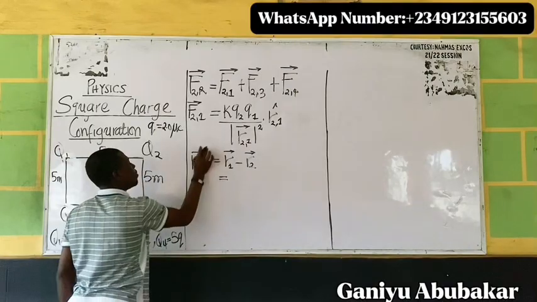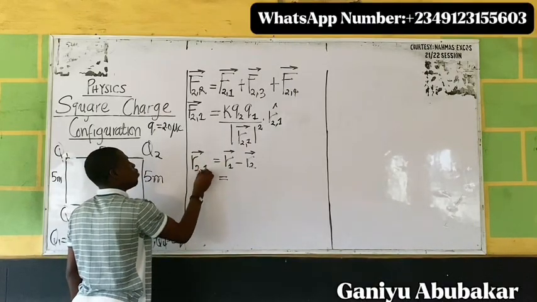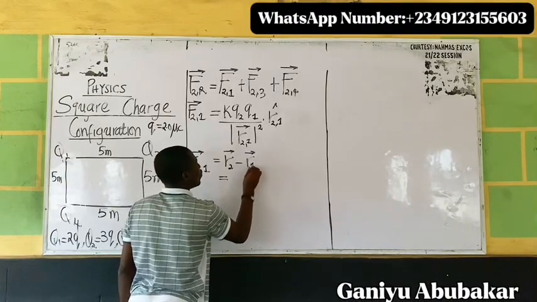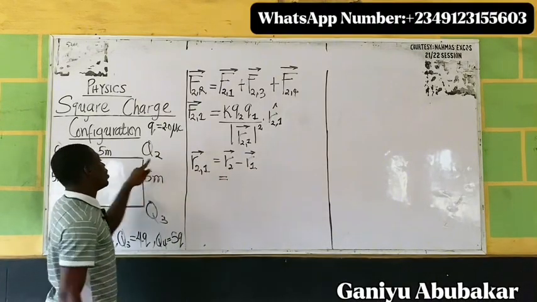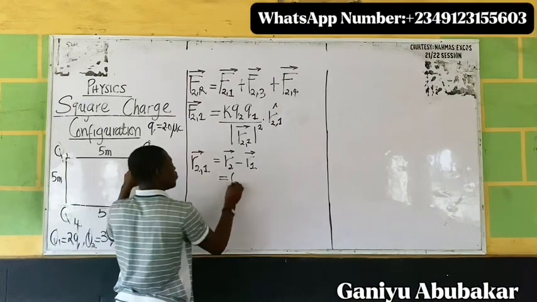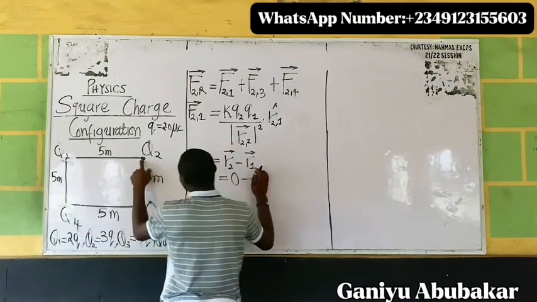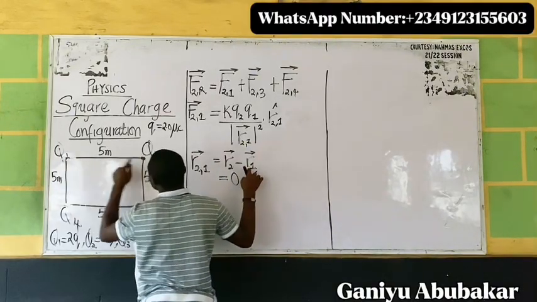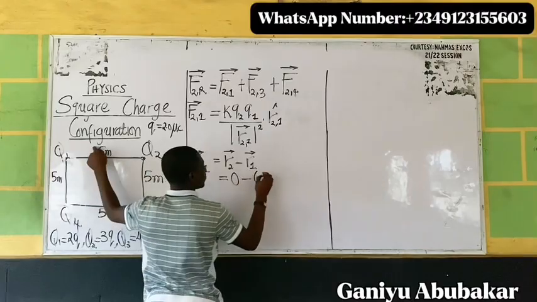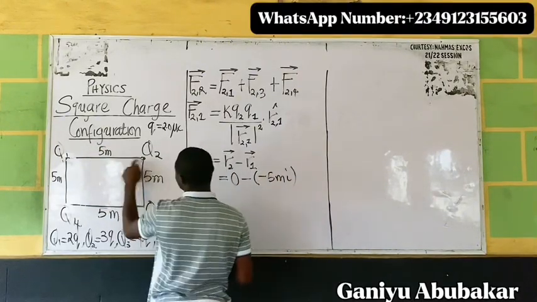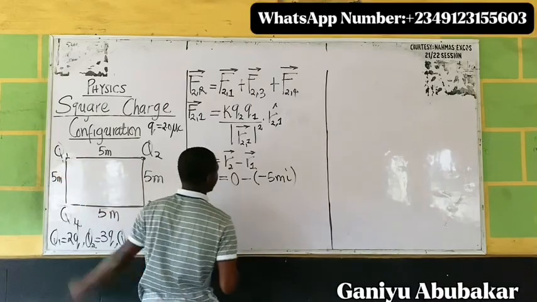R21 is equal to R2 minus R1. R2 is the origin, the starting point, that's 0, minus R1 in brackets. R1 is this. I'm moving this way, which is negative of x. That becomes minus 5 meters i.